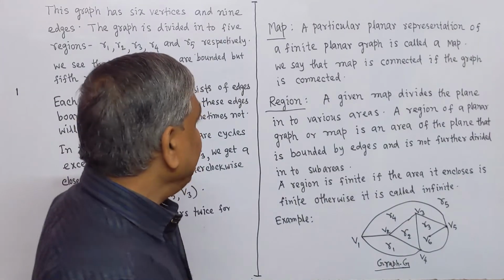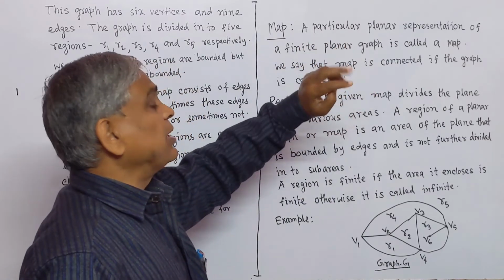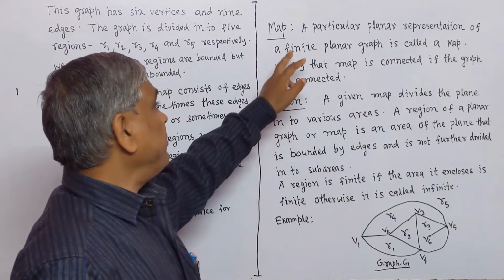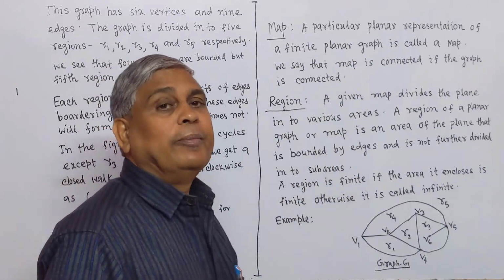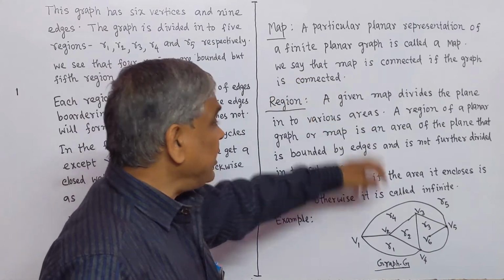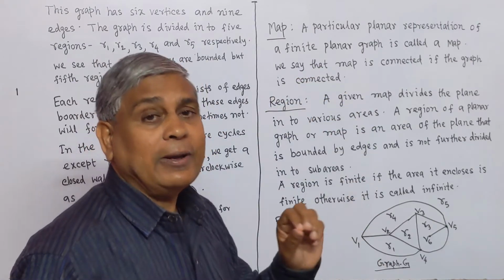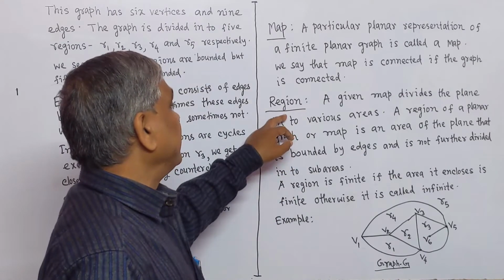Now we define map. A particular planar representation of a finite planar graph is called a map. We say that a map is connected if the graph is connected. Now we define region.